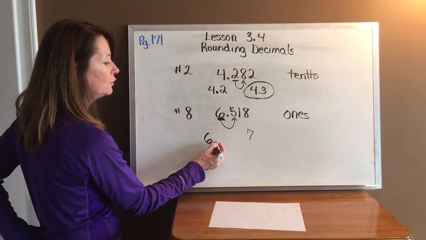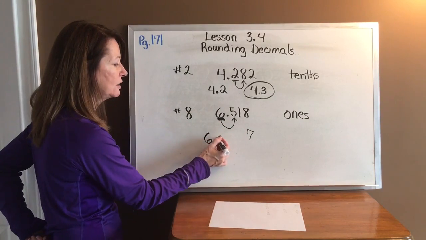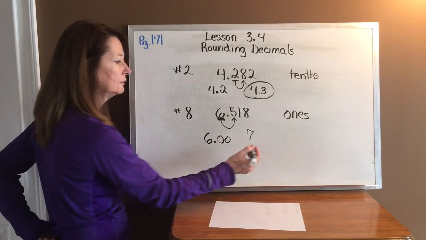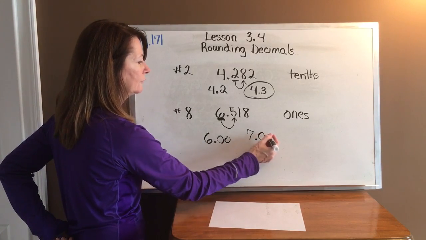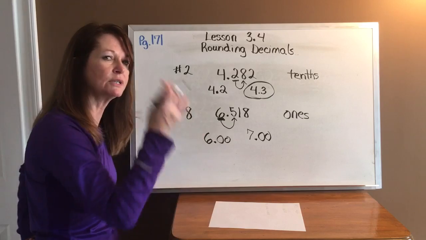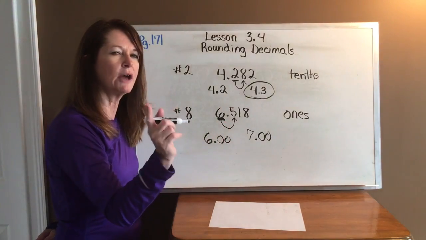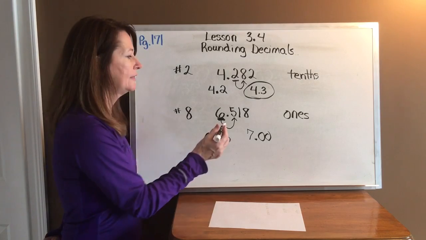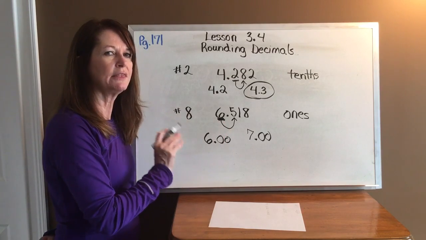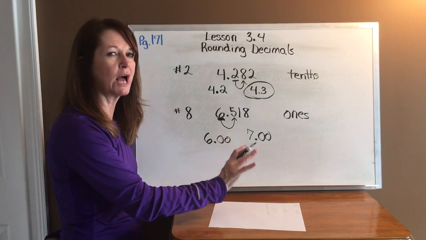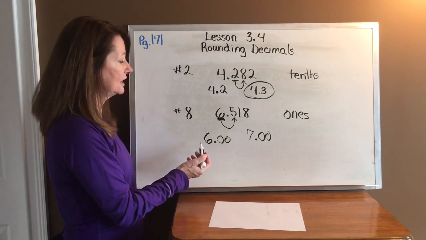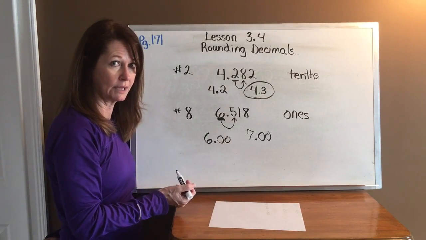Now, can I go ahead and put the decimal point and put my zeros? Well, sure, if you want to, you can. Doesn't make a difference. Remember I said, whatever place value you're rounding to, that digit that you've underlined, there will be no numbers to the right except 0. There'll be zeros. Okay, keep that in mind.